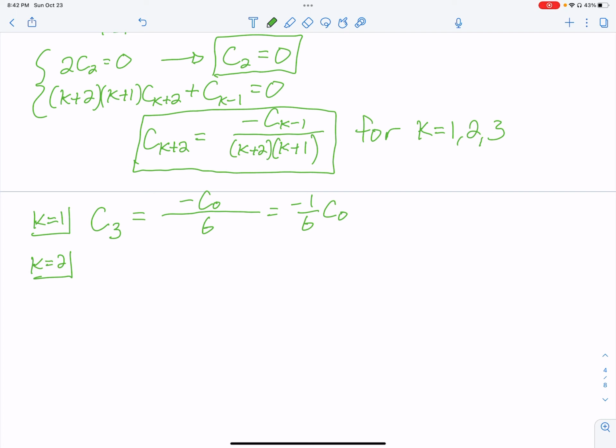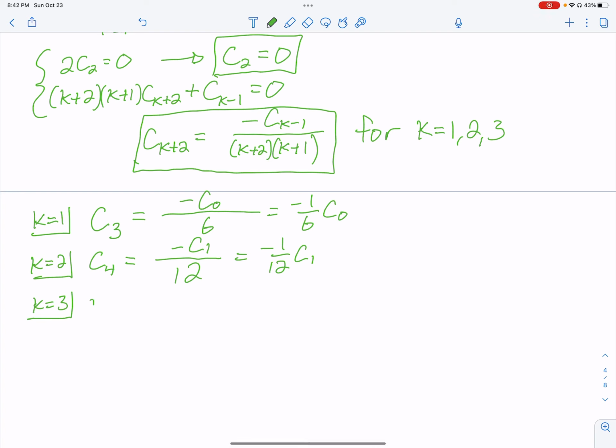We'll see, I'll just show you. So k equals 2, I'll plug that in. I get c4 equals negative c, if I plug in 2, I get c1. And then if I plug in 2 for the bottom, I get 4 times 3, which is 12, so negative 1/12 c1. And, okay, we keep going.